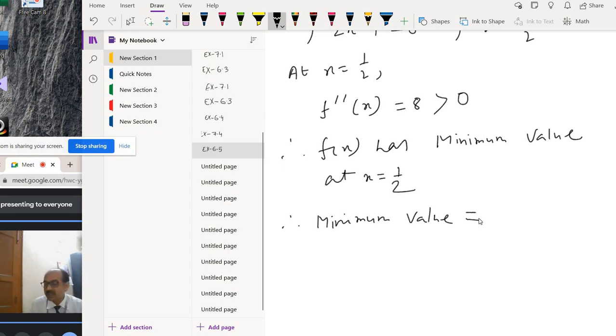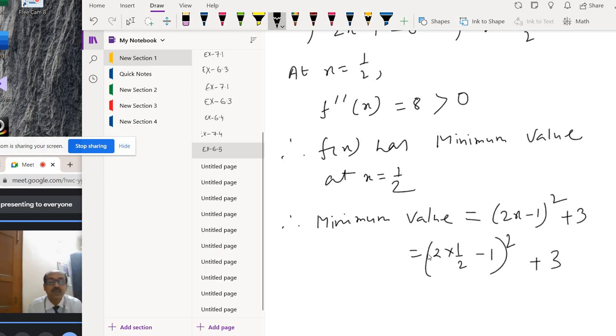So the function is (2x minus 1) whole square plus 3. Put x equal to half. So 2 into 1 by 2 minus 1, whole square, plus 3.